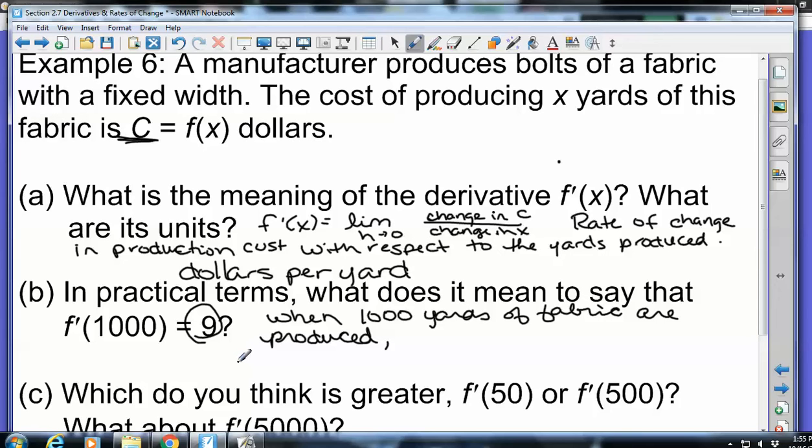So when you make 1,000 yards of fabric, your costs are going up $9 per yard. It's not that it costs $9 to make that yard of fabric. That's how much your costs are rising for every yard you produce.